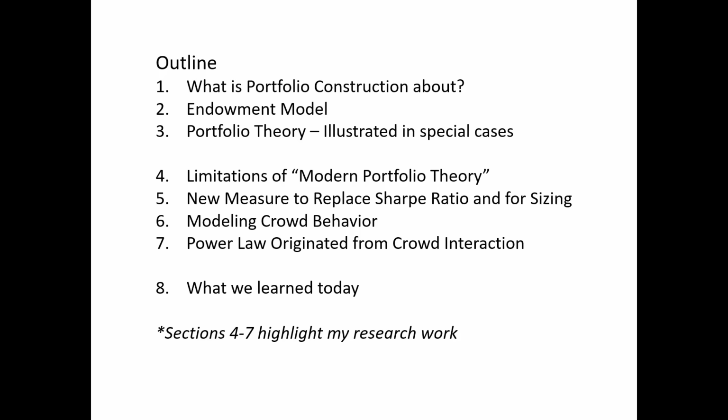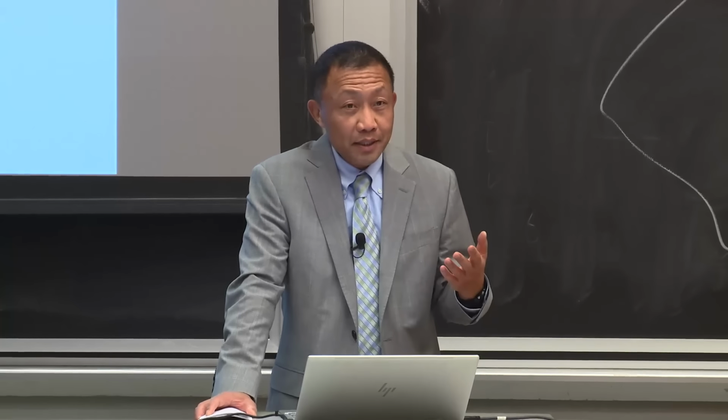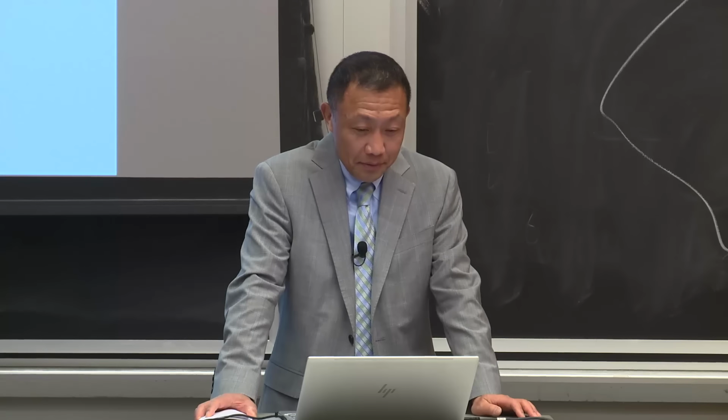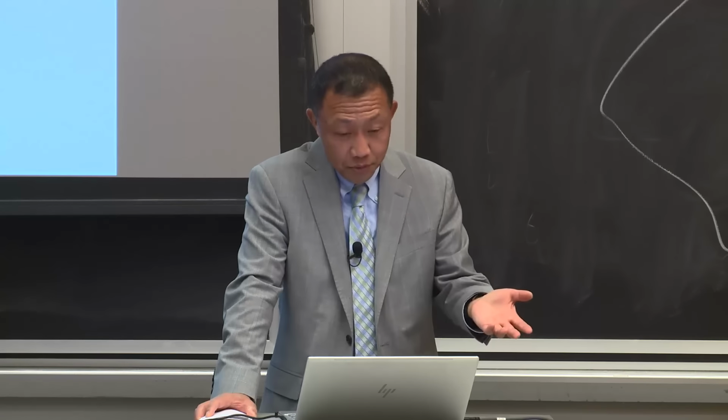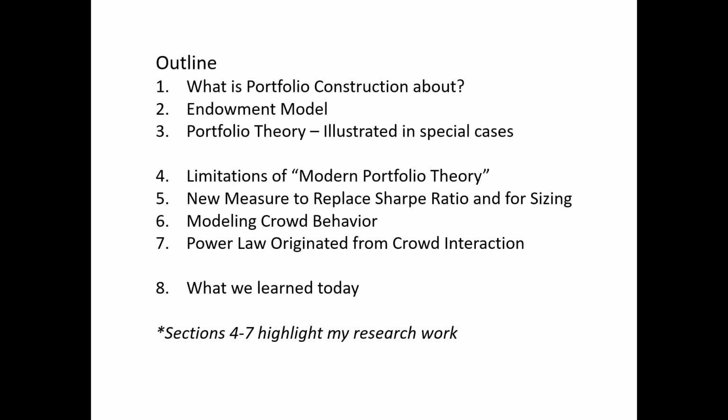The theory was proposed in the 1950s. Of course, a lot of people have worked in the field, trying to overcome the shortcomings of these theories. I myself have been spending a lot of time thinking about these problems. So I will talk about my own research work in terms of how to improve portfolio construction theory.